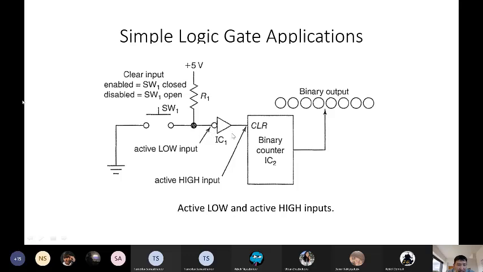To activate clear, we need to apply a low input. When this push button is open, here we have high, and here we have 0. But when you push it, this point is connected to the ground, so here it will be 0, and here is the inverter, so here it will be 1. And it will activate the clear function and clear the data.